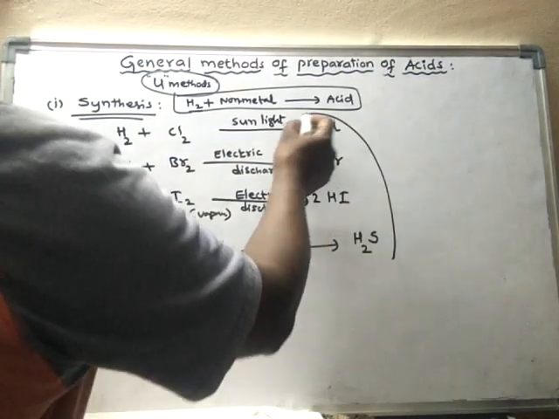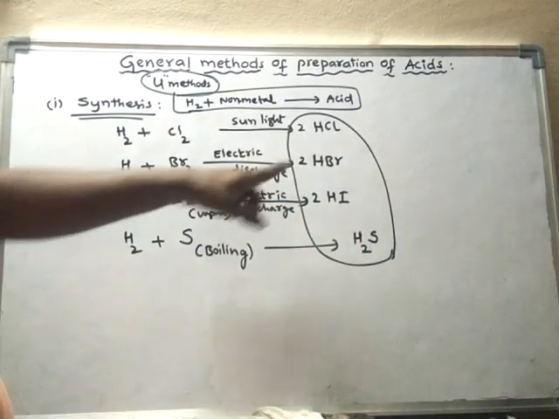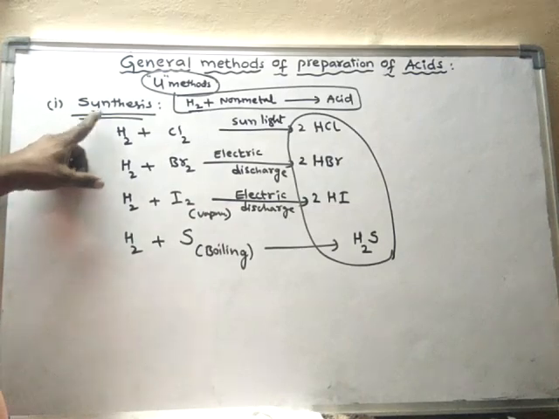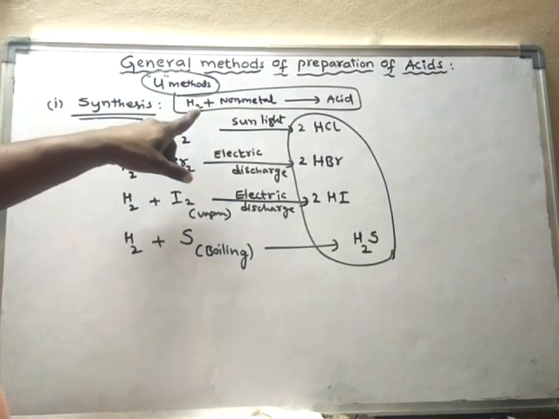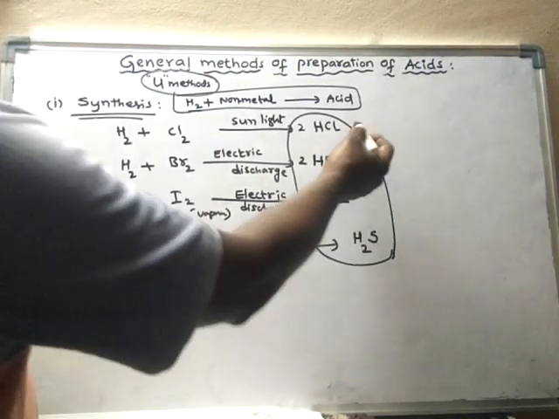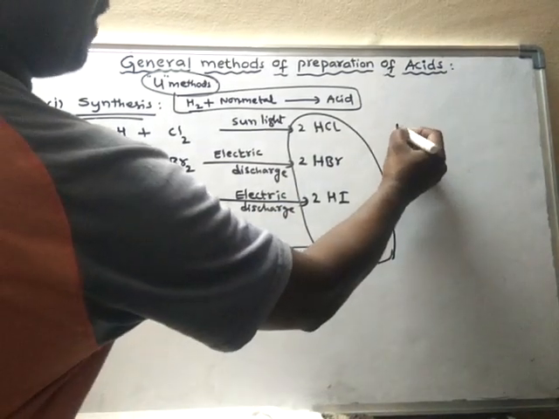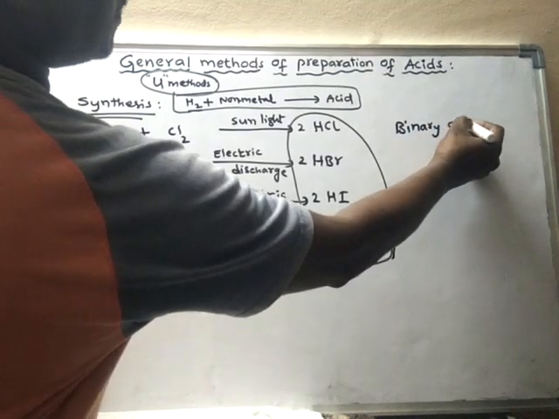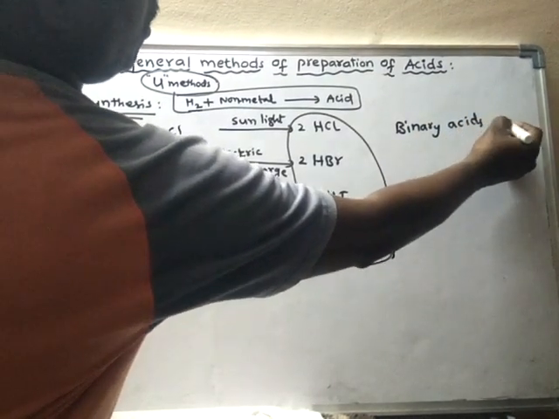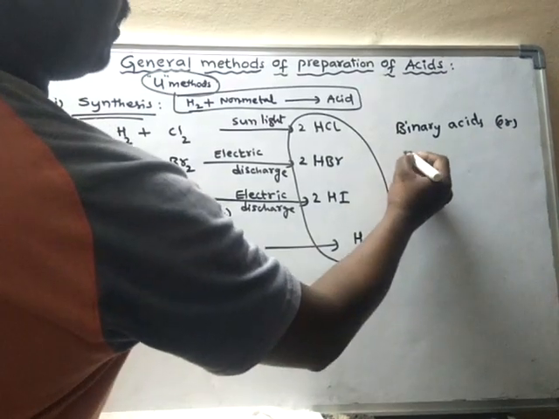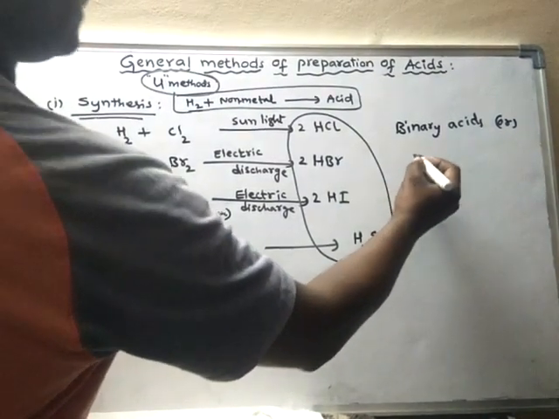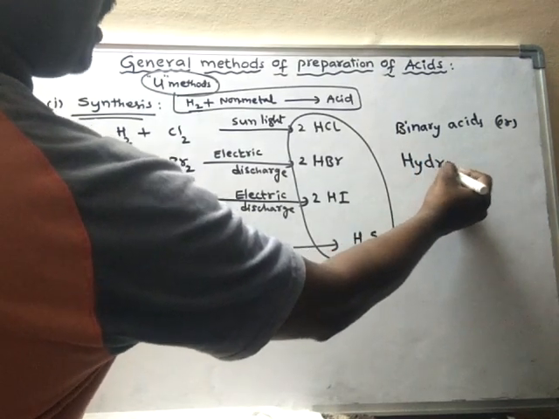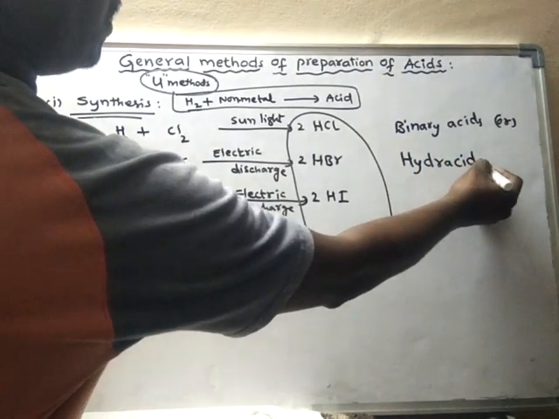The common thing in all these acids, produced in the synthesis from hydrogen and non-metal, is that they are said to be binary acids, or simply hydracids.